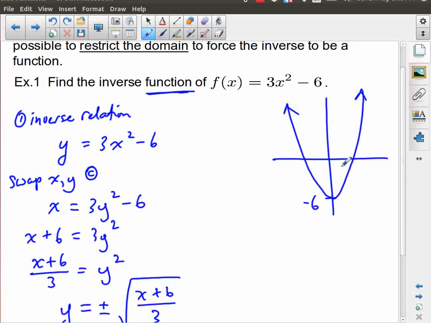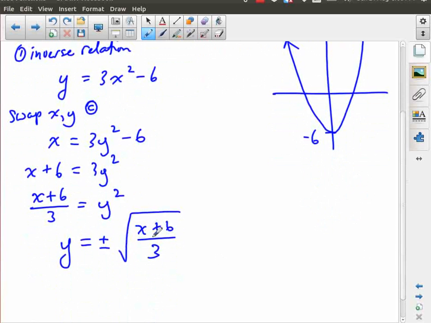When it gets turned over onto its side, it's going to fail the vertical line test. This is a radical relation, and the plus and minus means that it's going to have a top branch and a bottom branch.